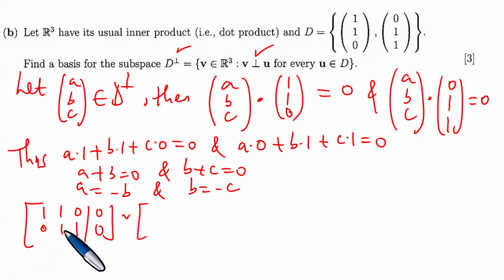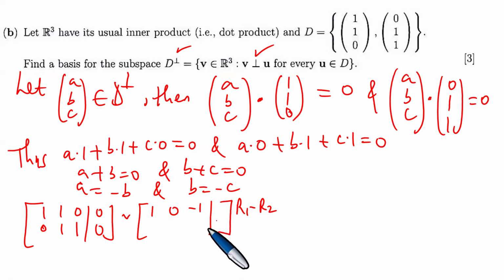Now let's come to this one. You need to get a 0 here, which means row 1 minus row 2. You get a 0 here, then minus 1, 0. And then you have 0, 1, 1, 0.